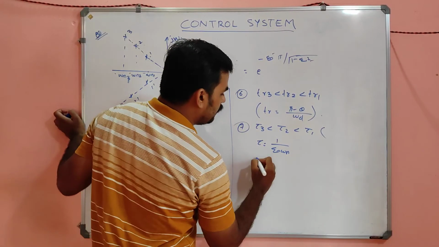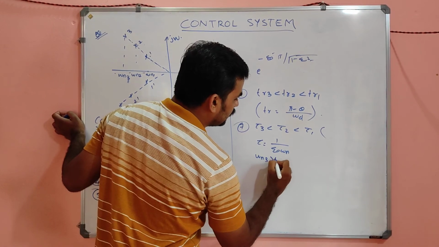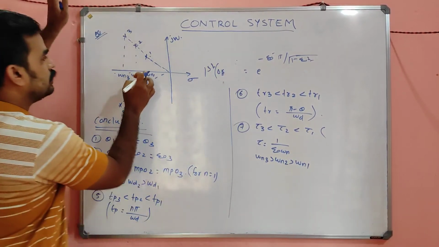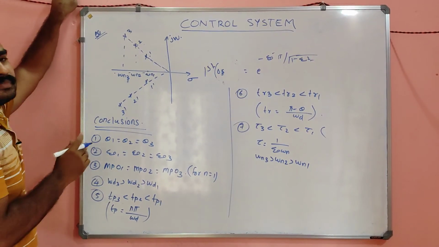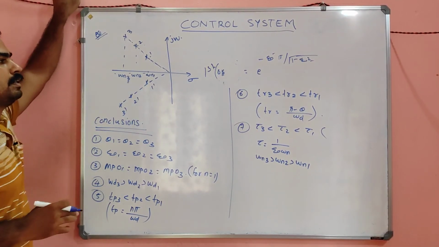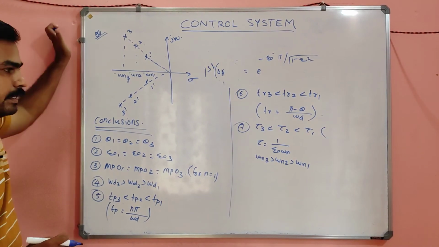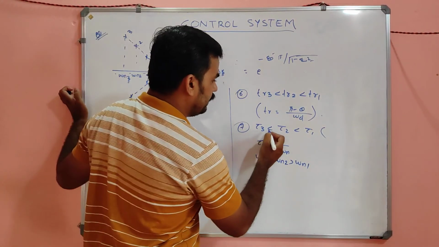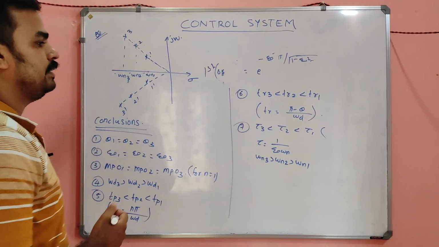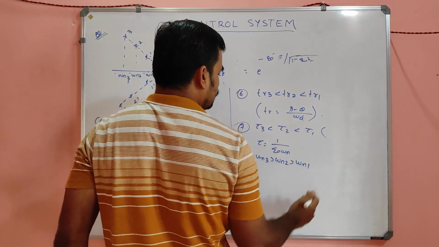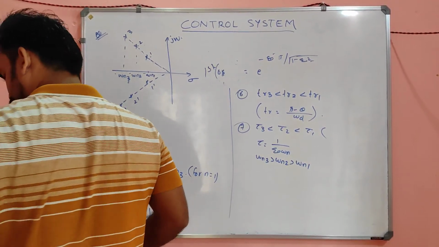So you can write omega n3 greater than omega n2 greater than omega n1, because it goes on increasing, my dear. Correct? So what will tau be? The opposite. Tau3 less than tau2 less than tau1. Correct?